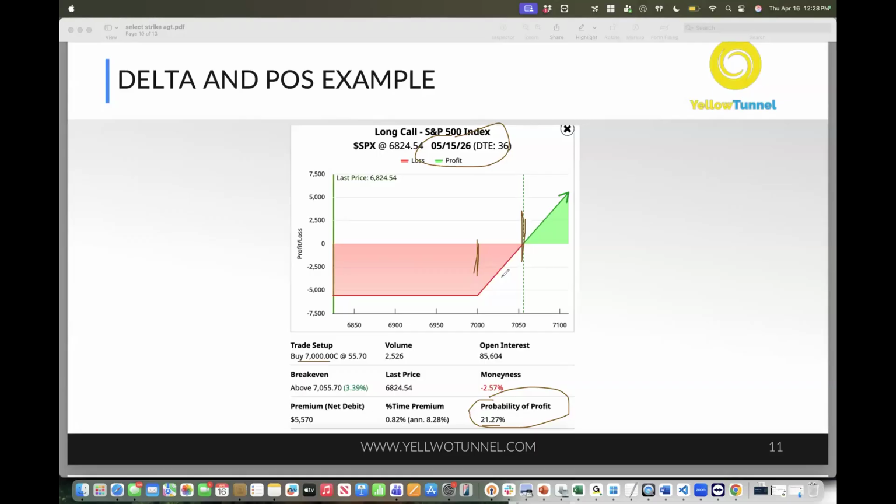If there's a 20% probability of profit and an 80% probability my option expires worthless, that tells me how big my winner has to be relative to my loser. 80% of the time I'm going to lose it all, so 20% of the time I need to make 4x my initial investment. Once you picture those scenarios, if something has a 20% chance of doubling, you realize that may not be a good trade anymore. So factoring in the magnitude of the gain I need is crucial as people reevaluate those out of the money options.